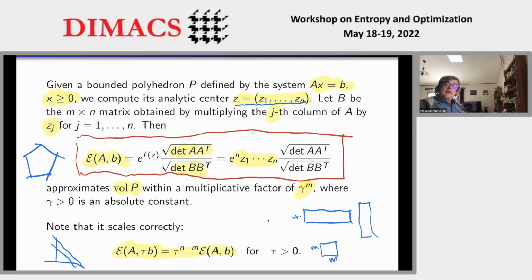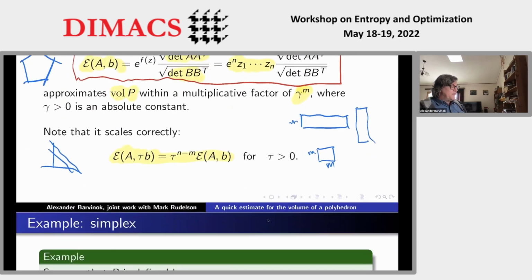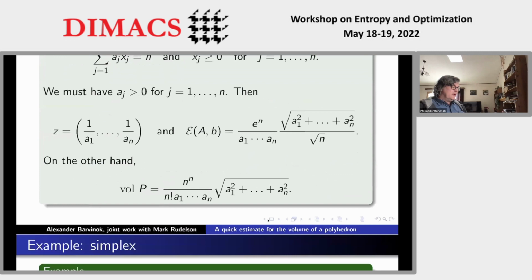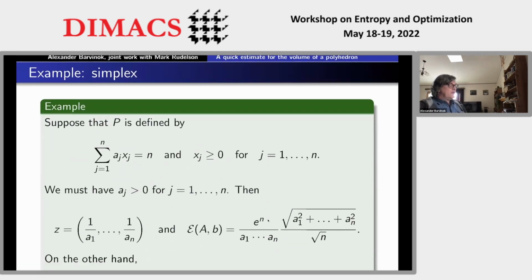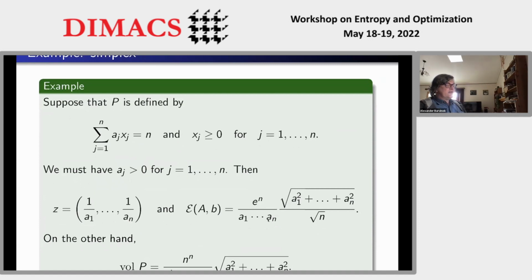If there are no objections, I'd like to give more sanity check reasons. What happens if we are talking about the simplex? If it's just one equation, because things scale correctly, we might as well assume that it's just one equation, the sum of the coordinates with some coefficients equal to n.